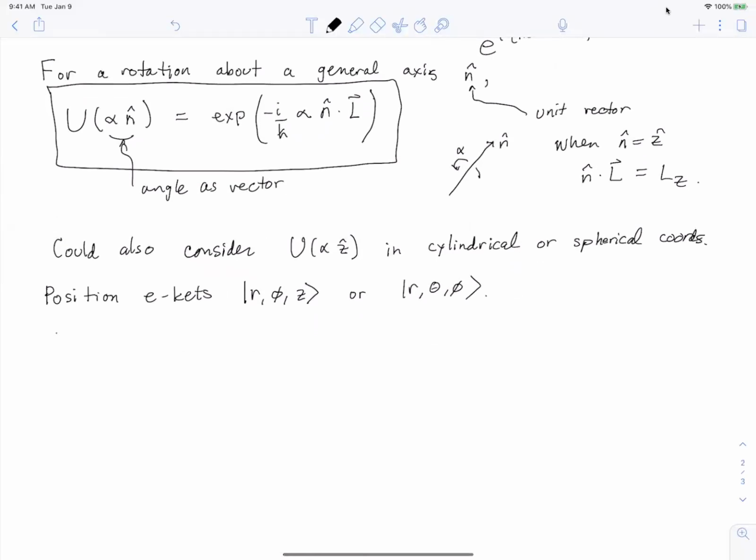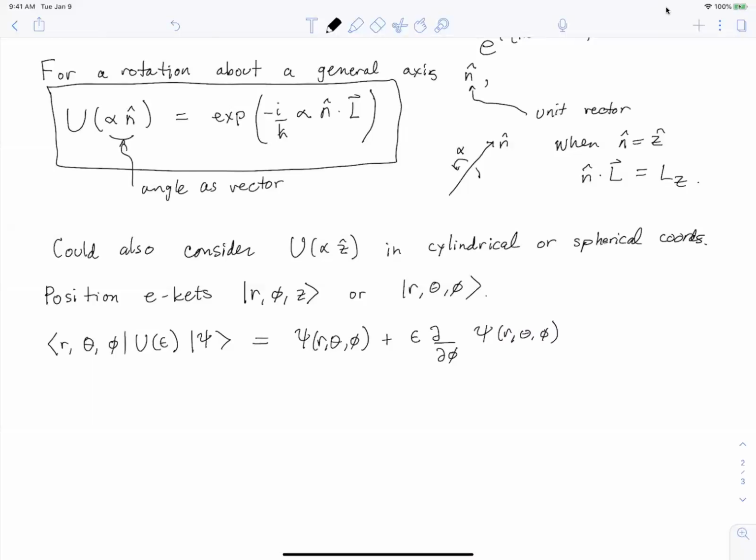So the way this would work is r, theta, phi times our unitary operator around the z-axis, acting on our state ket, the ket that describes the state we're in. That's equal to the wave function in spherical coordinates plus the epsilon part, which turns out to be just a derivative with respect to phi.